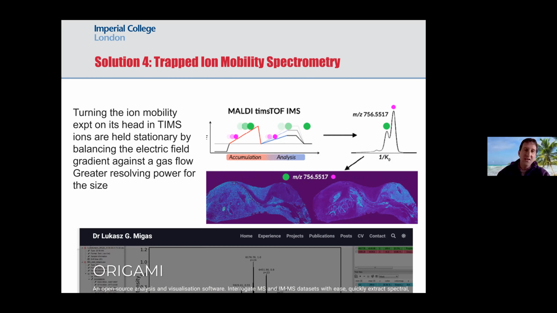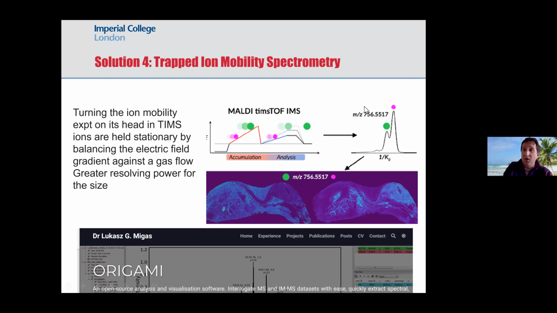The application here comes from Lucas Migas's website. So Lucas has been developing software tools for looking at ion mobility and also mass spectrometry imaging. And one of the applications that he shows alongside his software tools is this application for MALDI TIMS TOF ion mobility spectrometry.